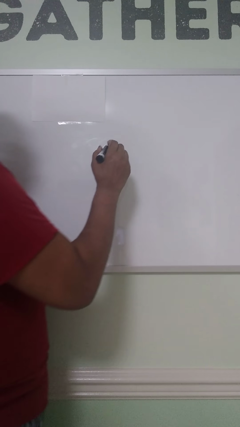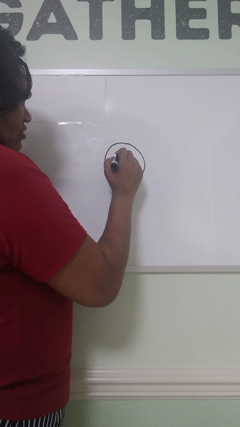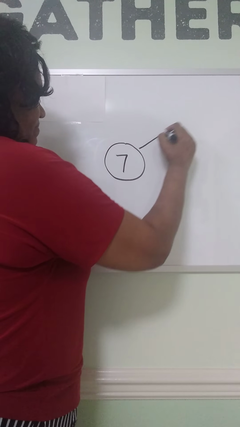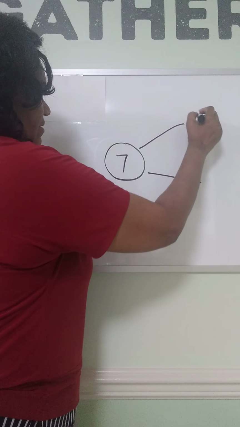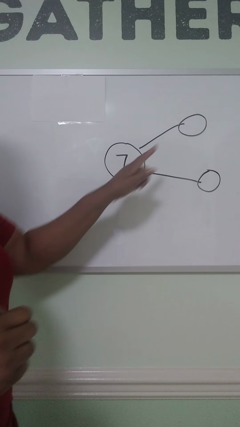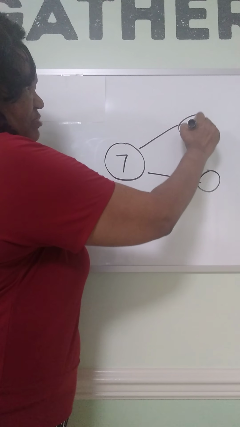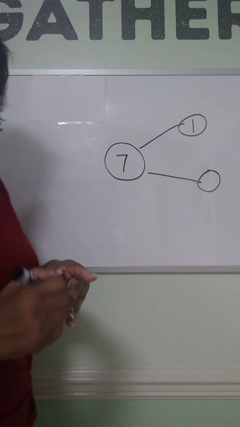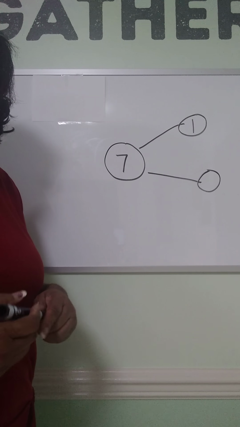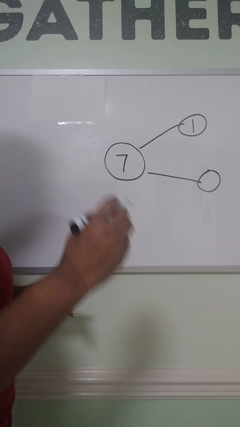So I'm going to draw my number bond, and I'm going to put a 7 in there. And then in the top circle, I'm going to put a 1.